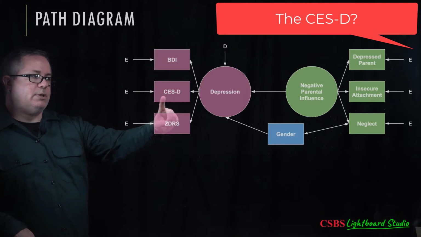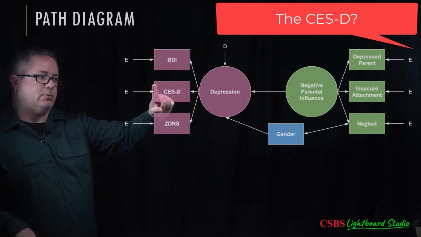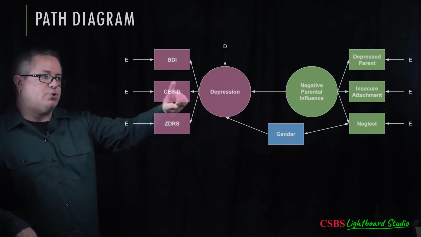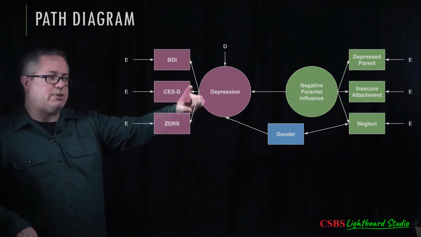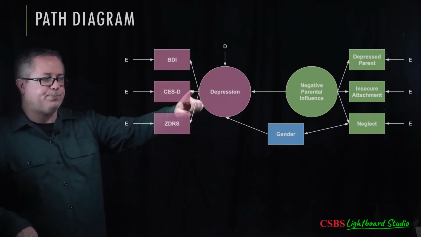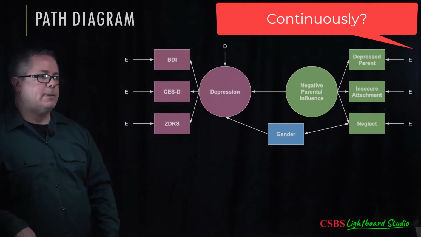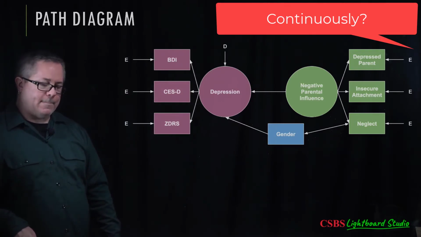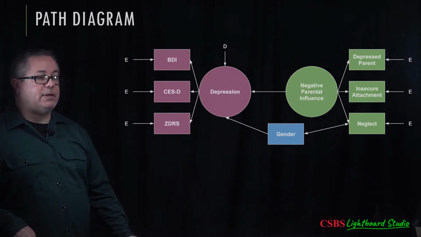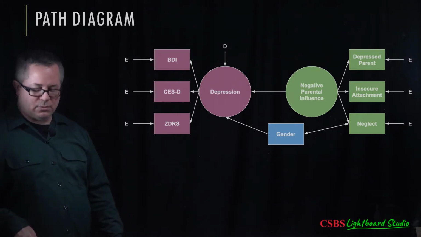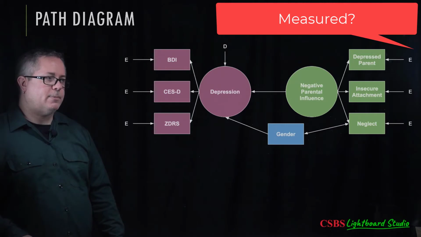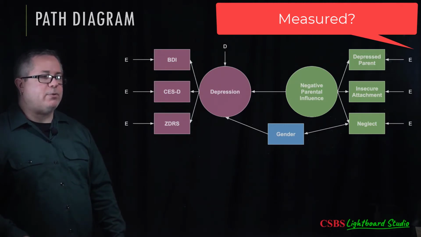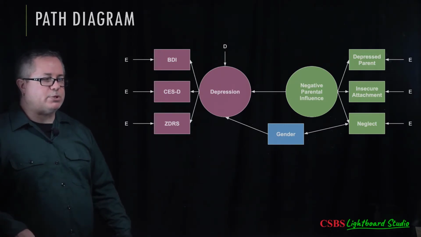So the CESD right here, this one box. Treated this way, what does this tell you about how it's scored? It is measured continuously, but is it a latent variable or a measured variable? If it's a measured variable, how is it being used in this model?